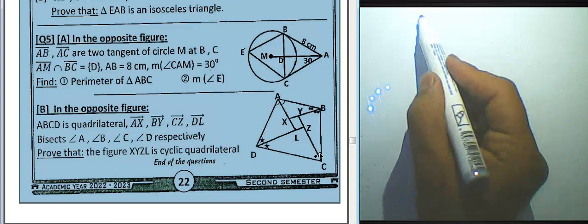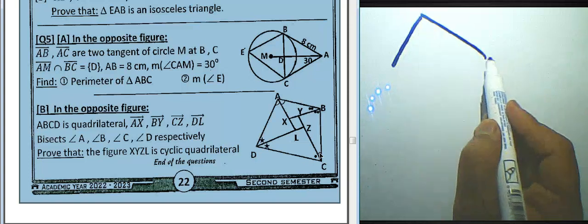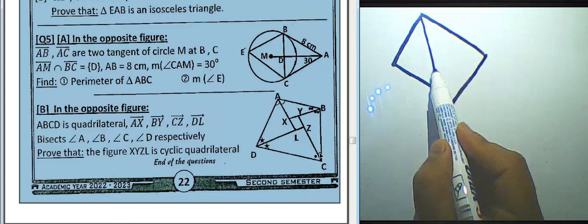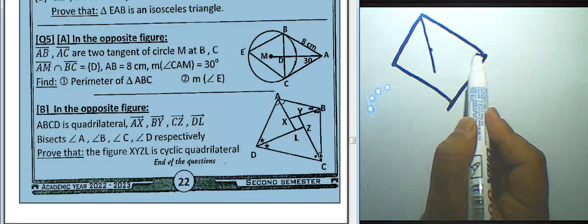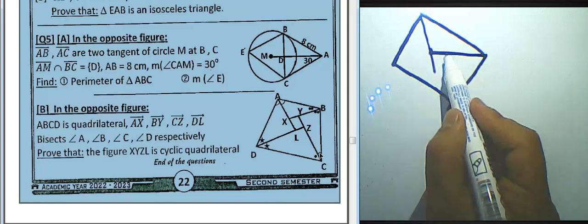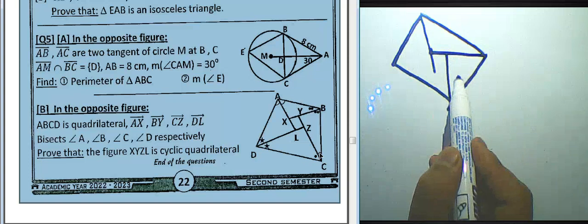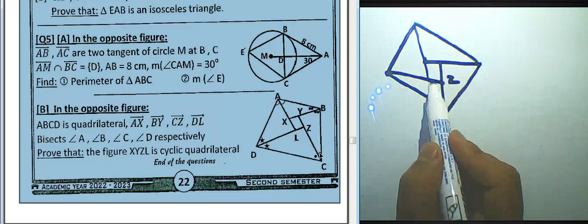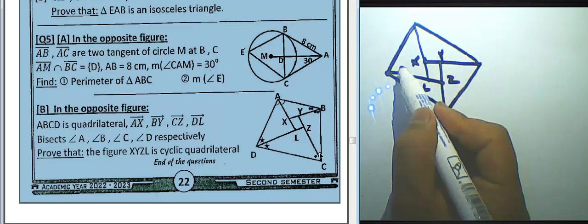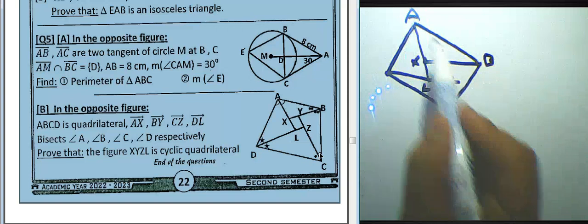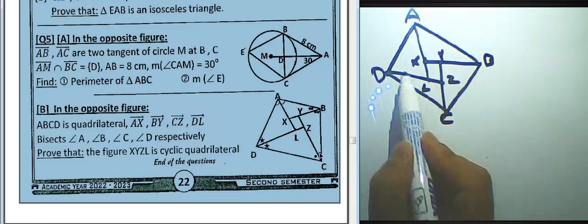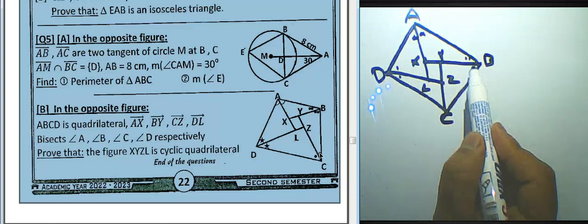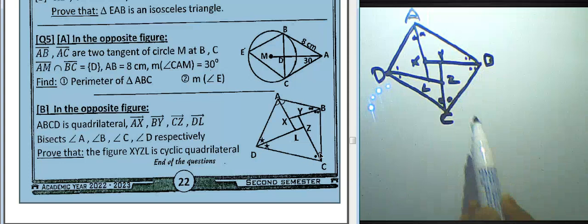Okay. Look at here, I will draw this figure to understand, okay? And we have here this straight line here, and this side here, and this side here, and this side here, okay? This is it. L, X, Y, B, E, C, and D. It bisects, and it bisects, bisects.